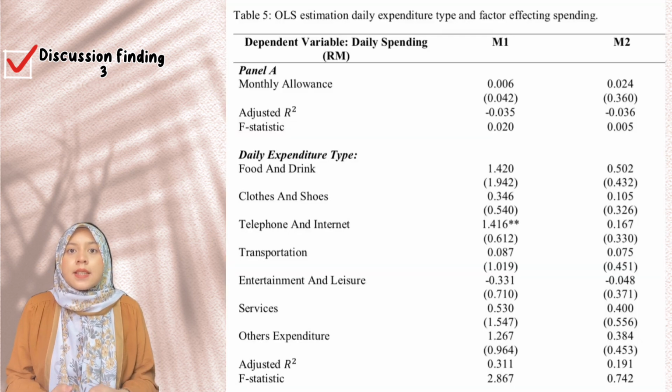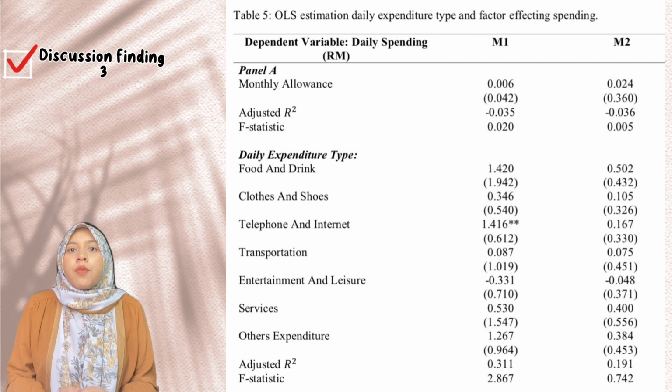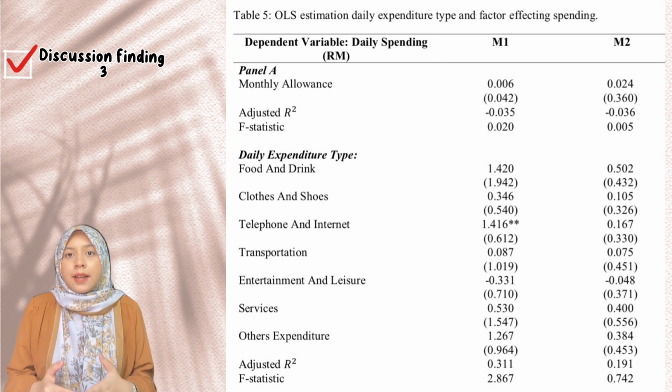The p-value for M1, which is linked with the second research question, what is the total daily expenditure of COB students based on categories that have been set, is 0.030, falling within the range of less than 0.10.